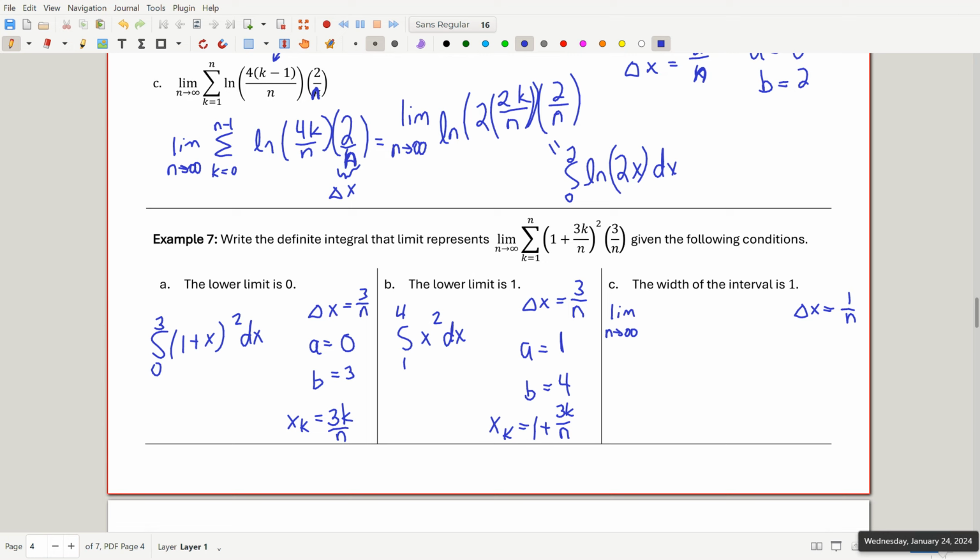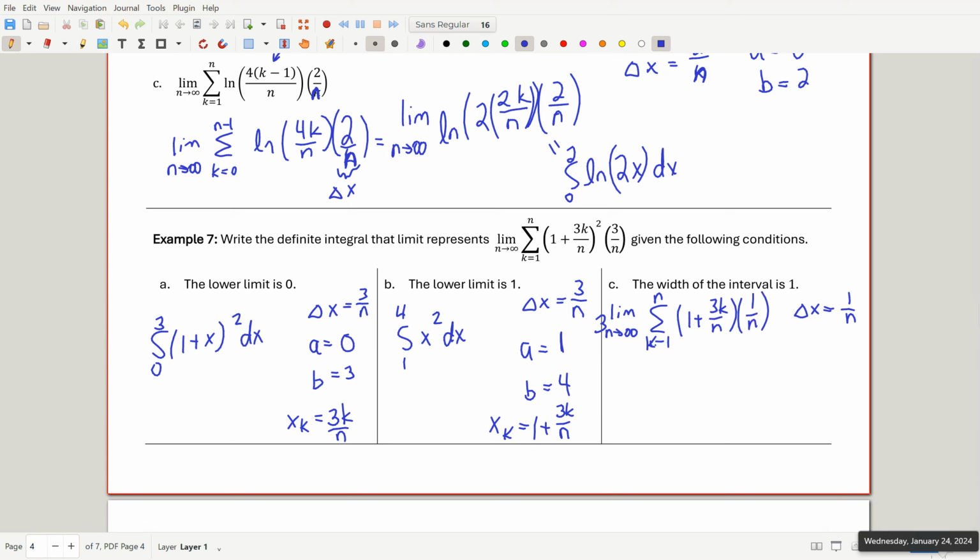And then the limit rules we learned all the way back in Unit A say that a constant can get factored out of a limit as well. So I can actually write this as 3 times the limit as n goes to infinity of the sum of k equals 1 to n of 1 plus 3k over n times 1 over n.